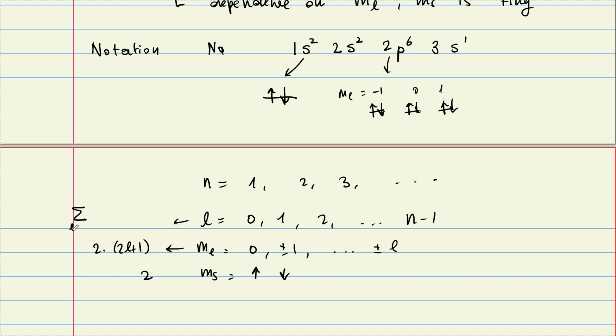L is equal to 0 to N minus 1 of 2 times 2L plus 1. I think everybody knows how to sum this series. If not, check it out. It's not hard. And you are going to find 2N squared for each shell.